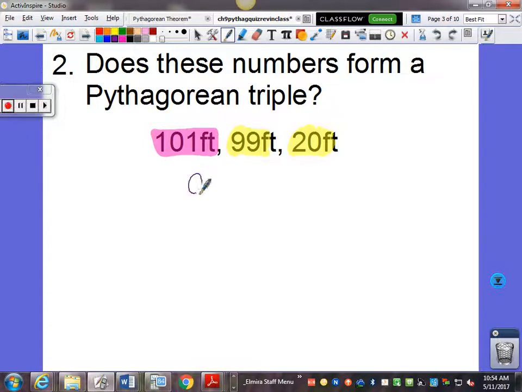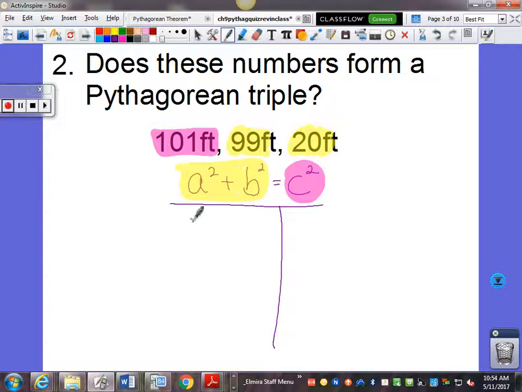Okay? Then a squared plus b squared equals c squared. Okay, and sub in appropriately into a t-chart.